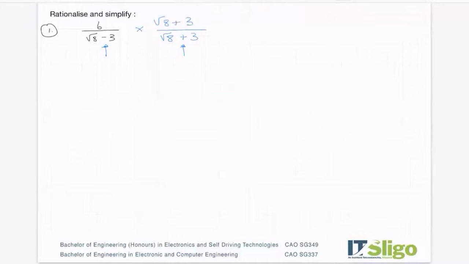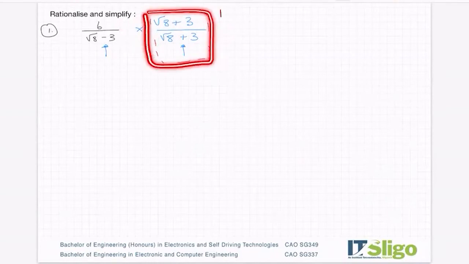Okay, why? Because this number here is essentially now 1. And you know when you multiply anything by 1, it remains the same. Okay, so although it looks like we're doing a whole load of work to this, and we are, the net mathematical effect is we are literally just multiplying it by 1. So we're not disturbing or changing the original equation. Really, we'll just be writing it in a different way.